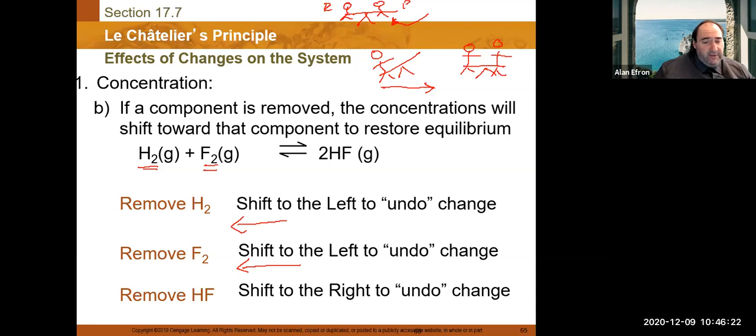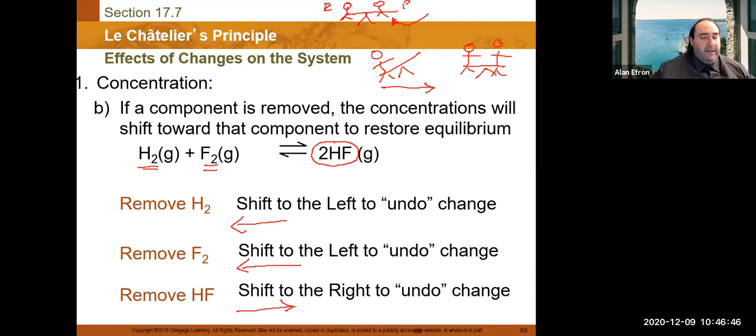And lastly, if we were able to remove HF from the system, HF is on the right-hand side, which would cause it to shift towards the side we removed it from. In that case, we would need to make more products. Any questions on concentration?